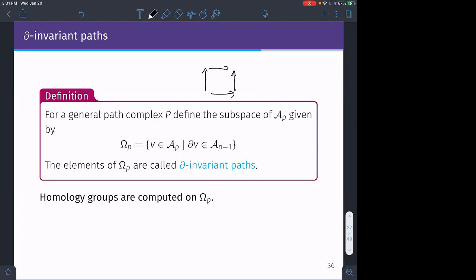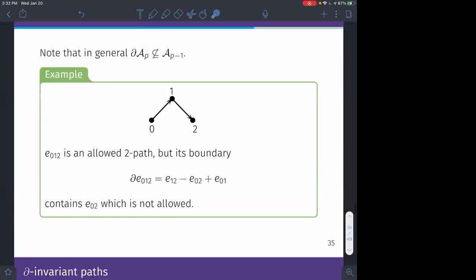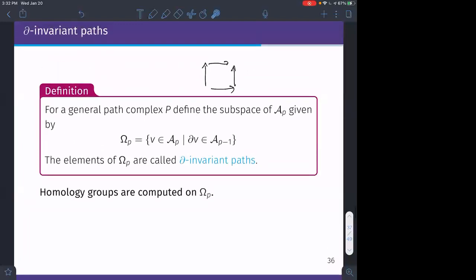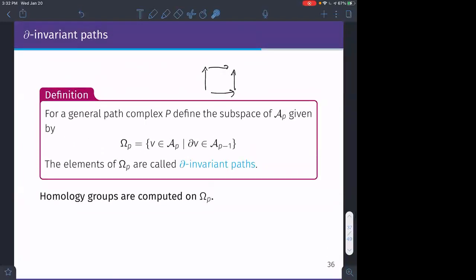And I could think that I'm in trouble because this is a 2-path, but when I do the boundary for a 2-path, just like here, I'm going to be missing this edge, and that could be problematic. But as long as I use the appropriate linear combinations, I can still make it work. I just have to make sure that I appropriately define this set to be working on.